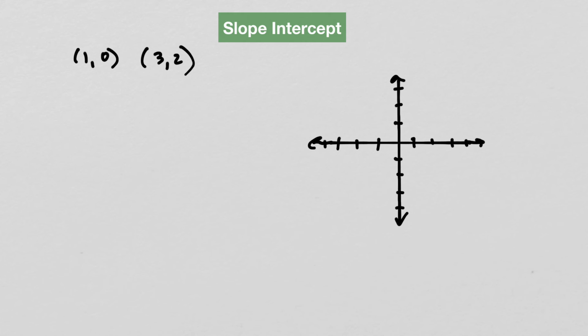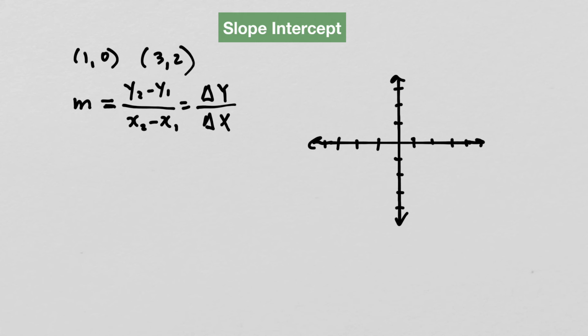So first, we need to find the slope from these two points. The slope we know is equal to m, and m represents y2 minus y1 over x2 minus x1. This is really the change in y over the change in x.